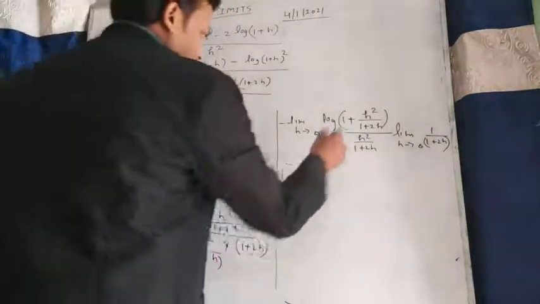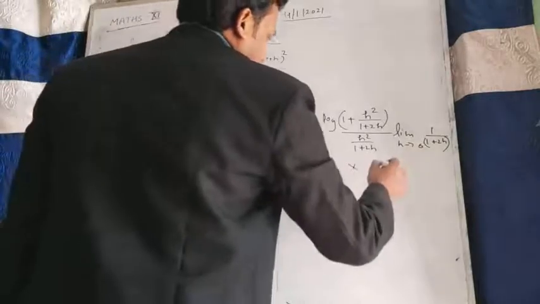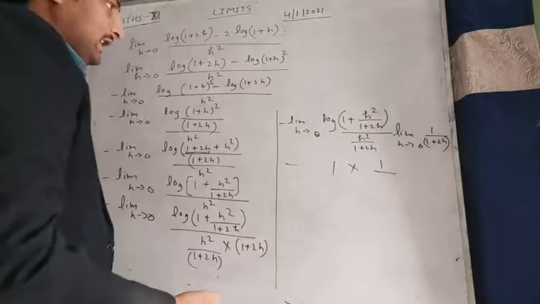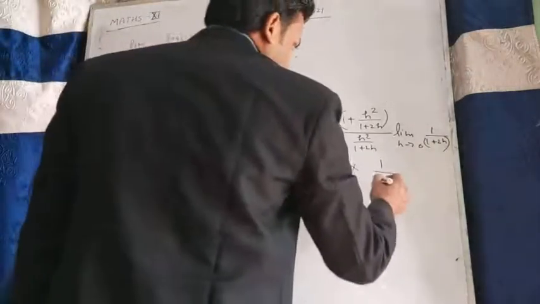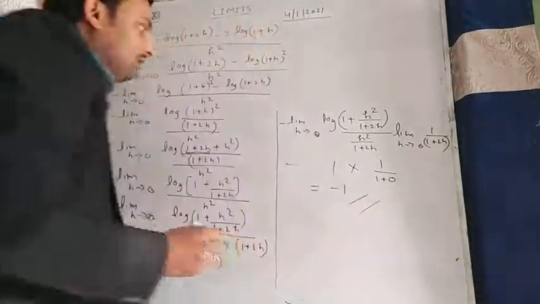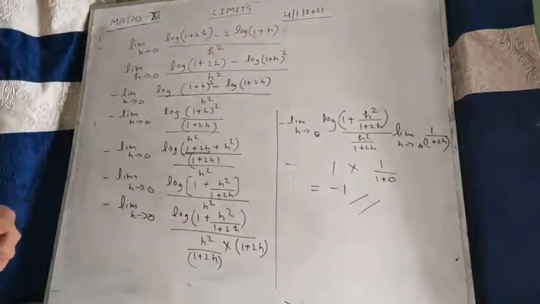Now, student, this part is 1, and when we are putting the limit h is 0, what we are getting? We are getting 1 plus 0, and this is minus 1, and this is our required result. I hope you understand, students.